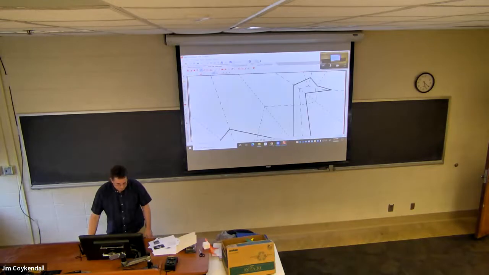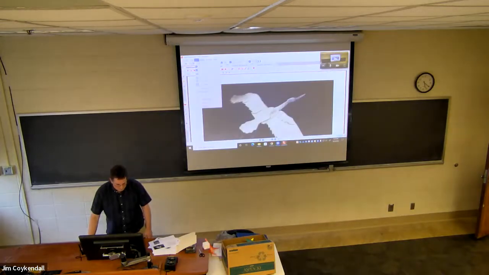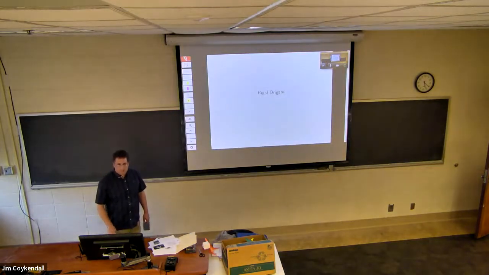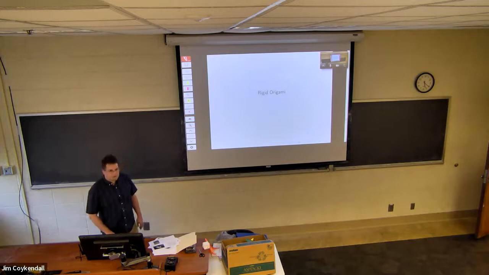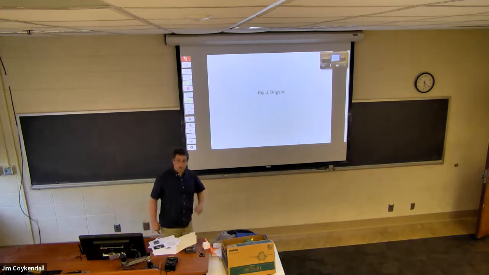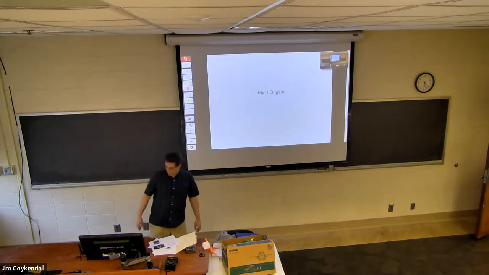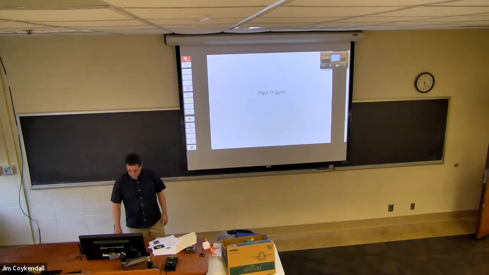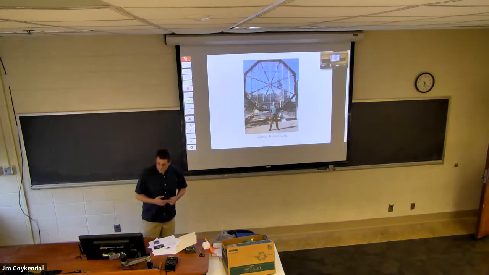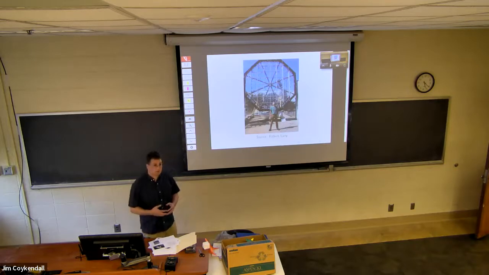All right. But the thing that I want to talk about is rigid origami. This brings together some math, some art, and some engineering. That's actually Robert Lang, and he helped design this mirror for a space telescope.